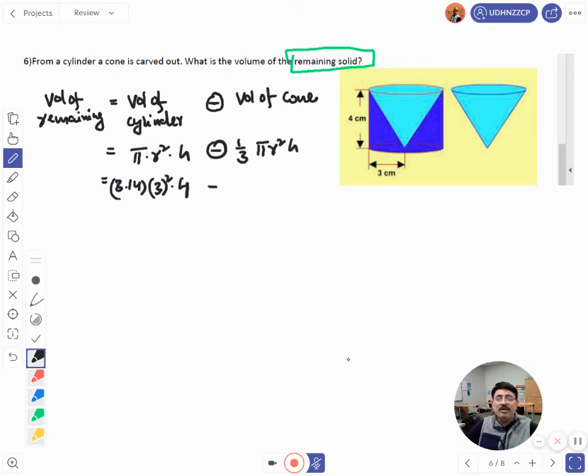Take away one third pi, which is 3.14 times. What is the radius? It is 3 units. So radius square is 3 square times. What is the height? It is 4.